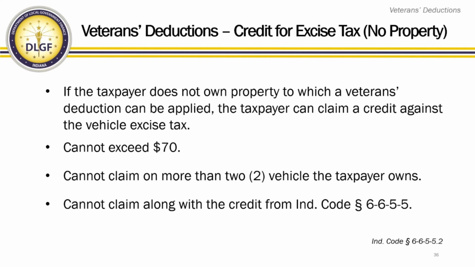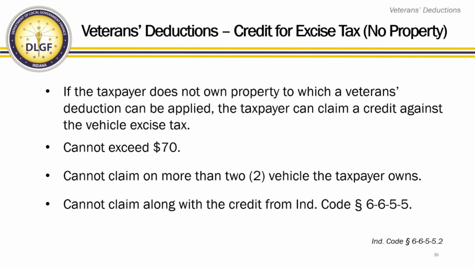Now, in another circumstance where an excise credit can be obtained is if the taxpayer does not own property to which a veteran's deduction can be applied. One instance where this could occur is if the taxpayer owns real estate, but for whatever reason the assessed value of the property goes over the assessed value limit, especially for the totally disabled deduction.